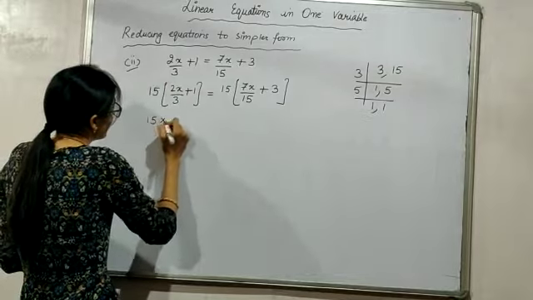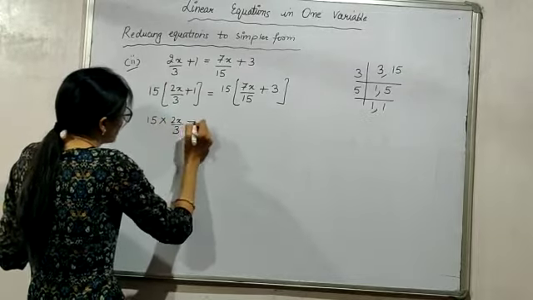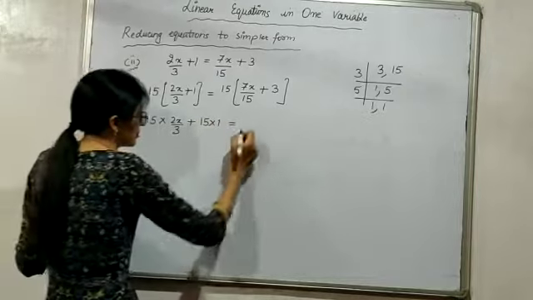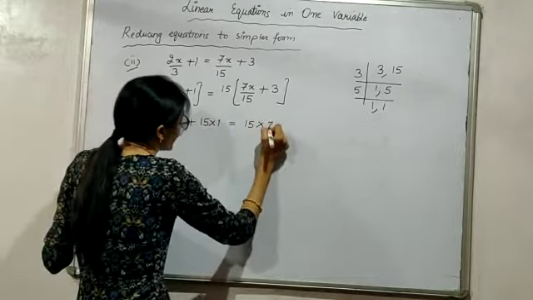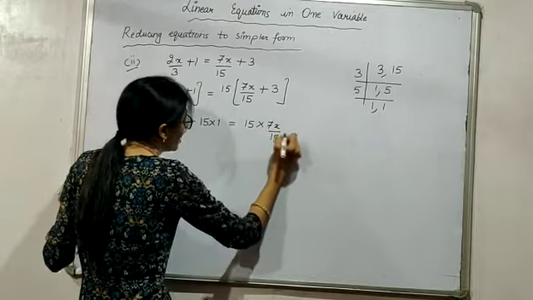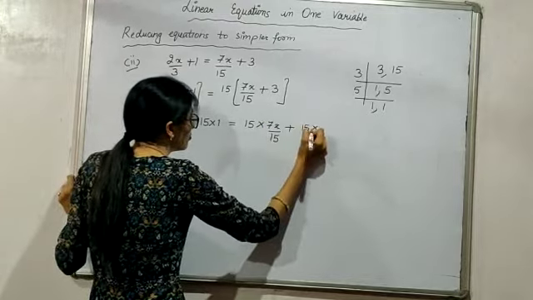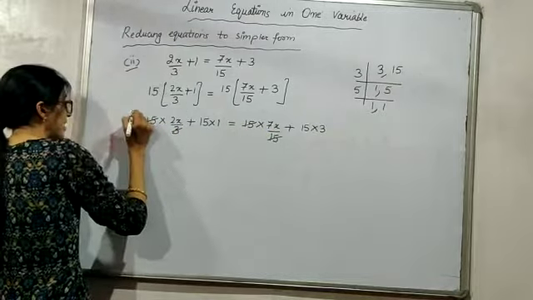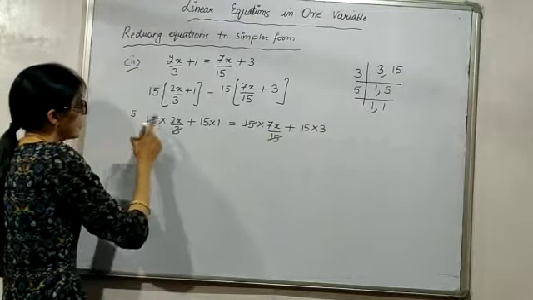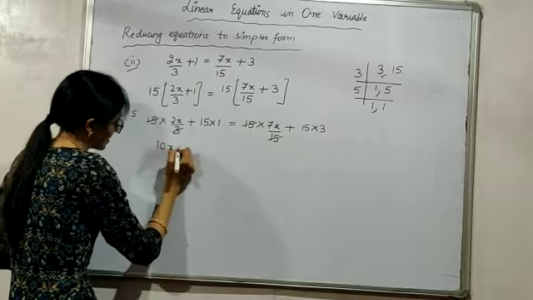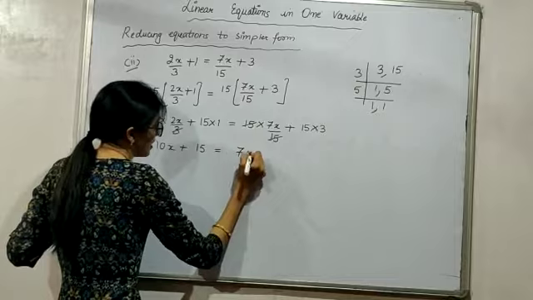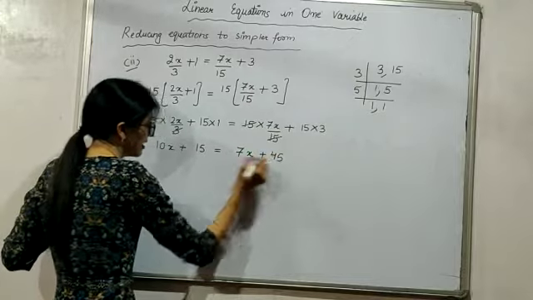So 15 into 2x by 3 plus 15 into 1 is equal to 15 into 7x by 15 plus 15 into 3. This 15 cuts down and 3 fives are 15. 5 into 2x, 10x plus 15 into 1, 15. 7x plus 15 threes are 45.